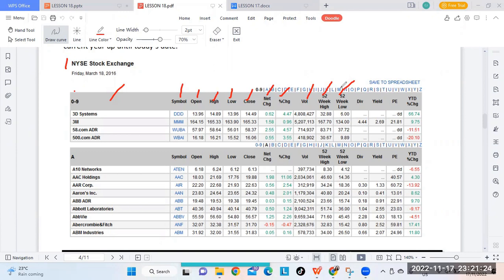And then column number 12, that is the dividend per share. Ayan si DIV. The annual dividend payment per share. If this space is blank, the company does not currently pay out dividends.